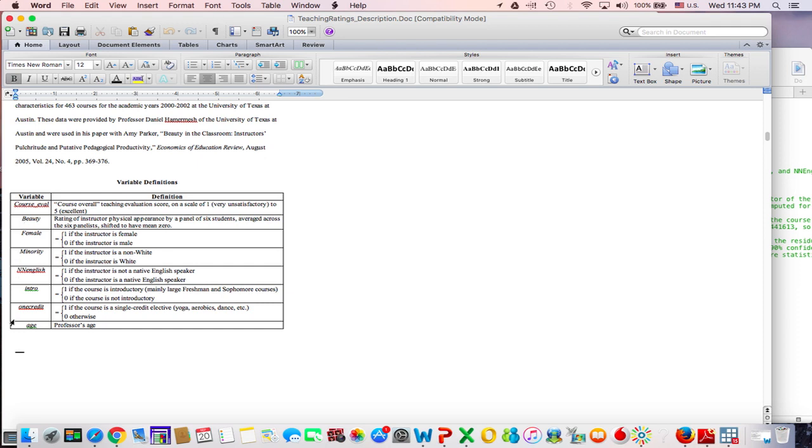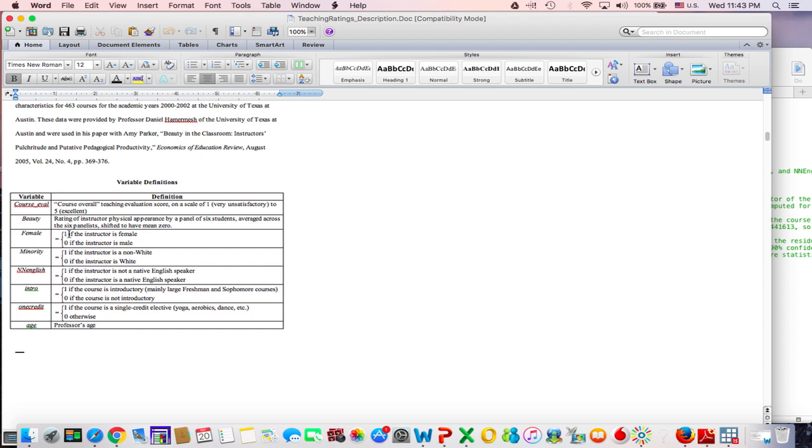And then there are factors that would affect the evaluation of a professor. One of them is beauty, and this one is a rating of the instructor's physical appearance by a panel of 6 students, averaged across the 6 panelists, shifted to have a mean of 0. You have 1, 2, 3, 4, 5 dummy variables.